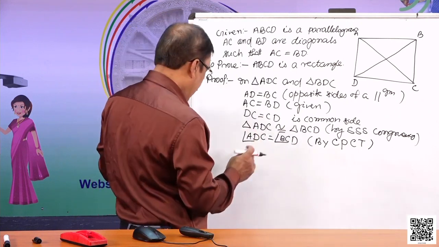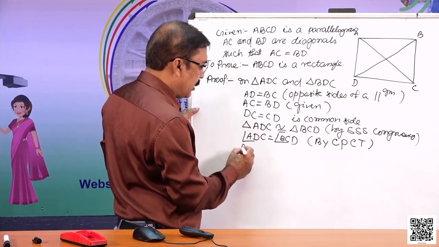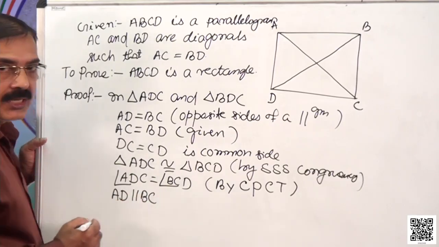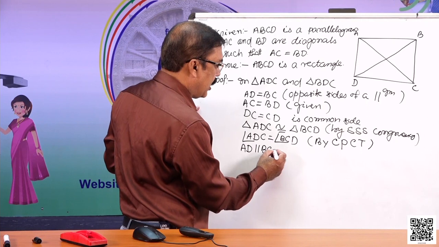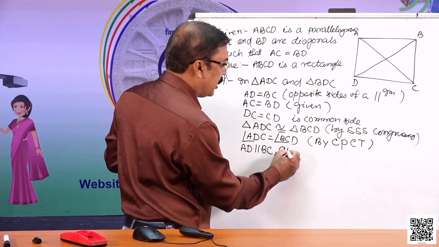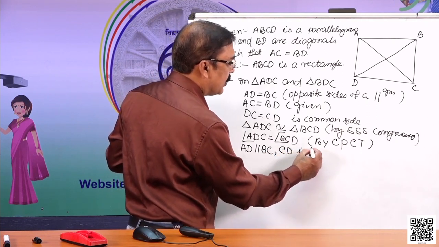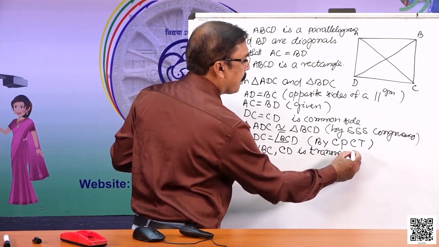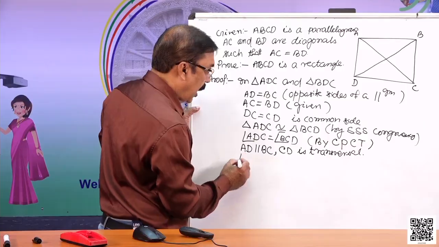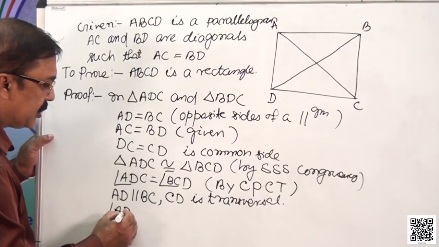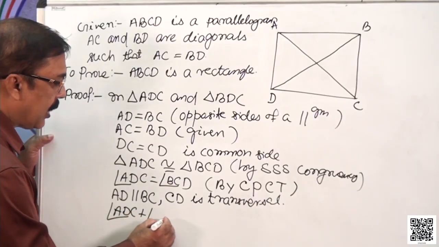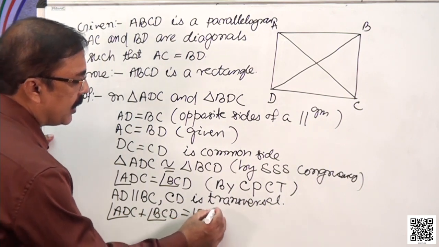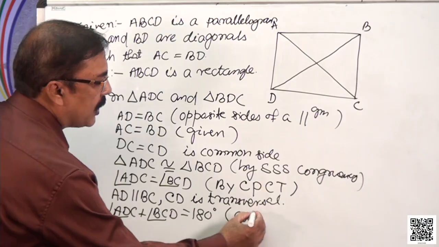Now we know that AD is parallel to BC, as ABCD is a parallelogram, and CD is transversal, so angle ADC plus angle BCD is equal to 180 degree as they are co-interior angles.